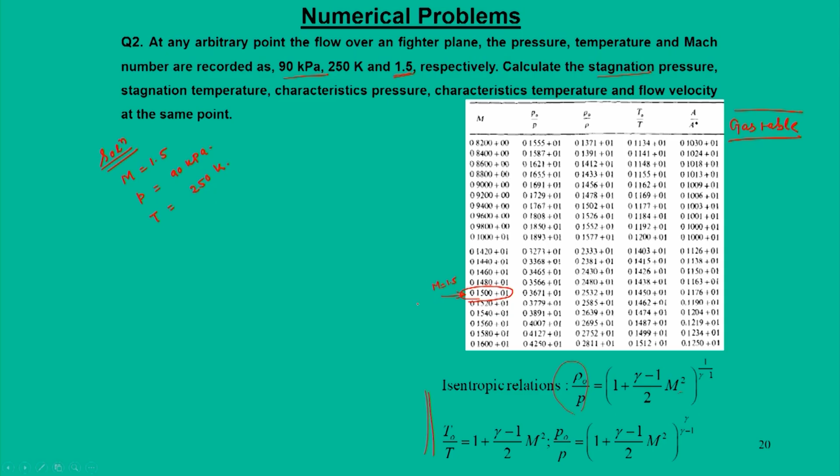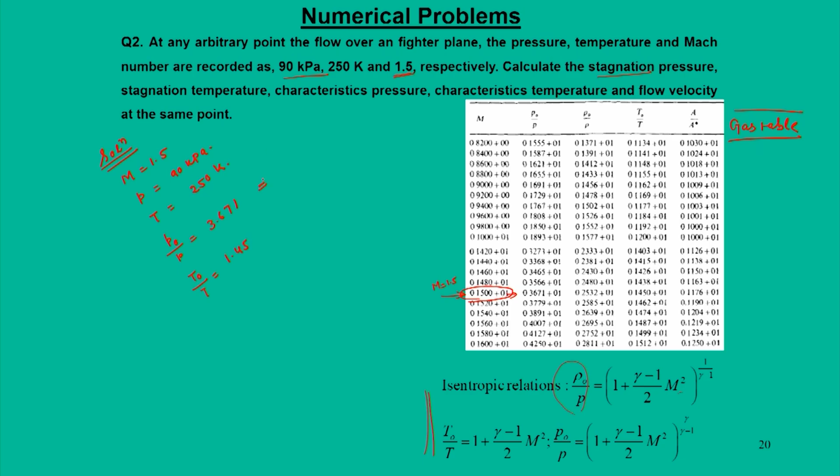So, for that 1.5, if we can get other information, that is P naught by P is 3.671, T naught by T is equal to 1.45.